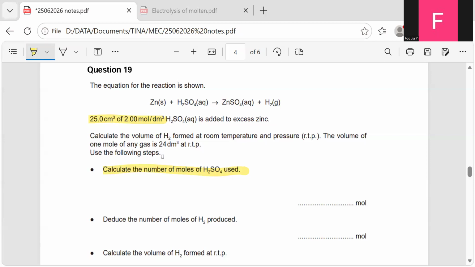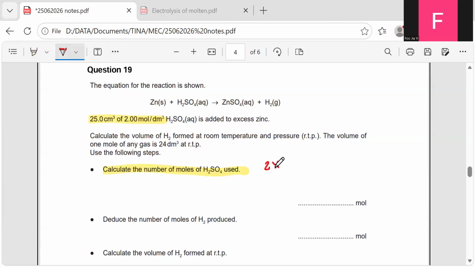Same ratio, yeah, correct, because your ratio is 1 to 1. Okay, this one, MV over 1000. Did you get this?